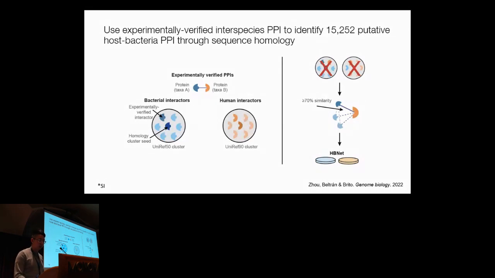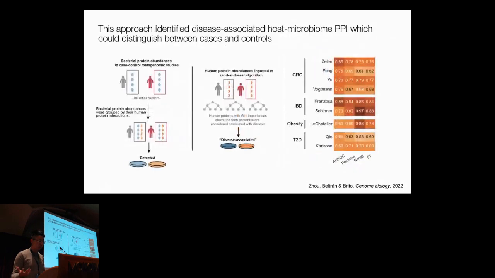To distinguish PPIs that may be associated with health versus disease, we compared community-level PPI profiles in a large case control cohort of well-established microbiome-associated disorders, including IBD, colorectal cancer, obesity, and type 2 diabetes.